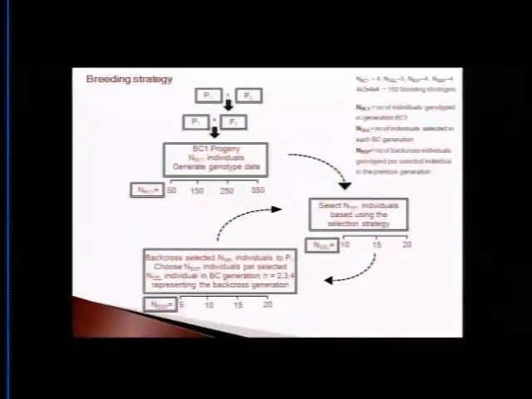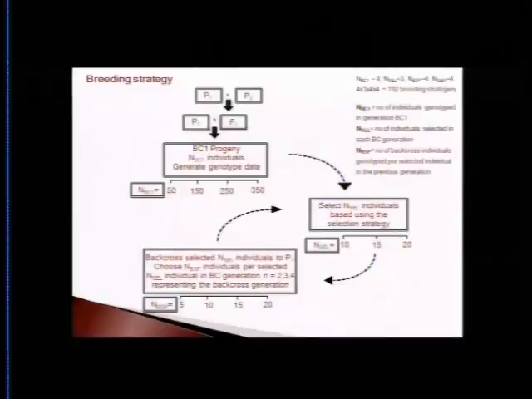So we had differing sizes for the number of backcross individuals that were generated. And from each of these sets of individuals, we either selected 10, 15, or 20 individuals, which is the number selected at each generation. And for each of these selected individuals, we created either 5, 10, 15, or 20 backcross individuals by backcrossing them to the recurrent parent.